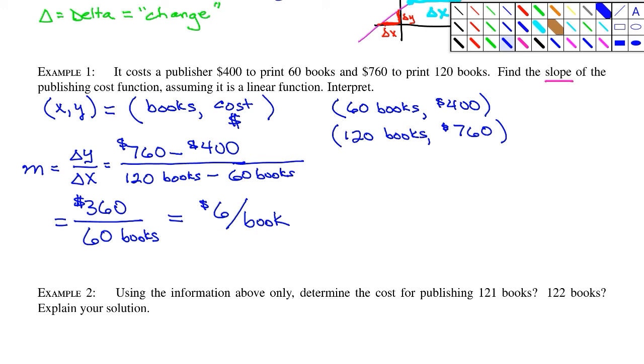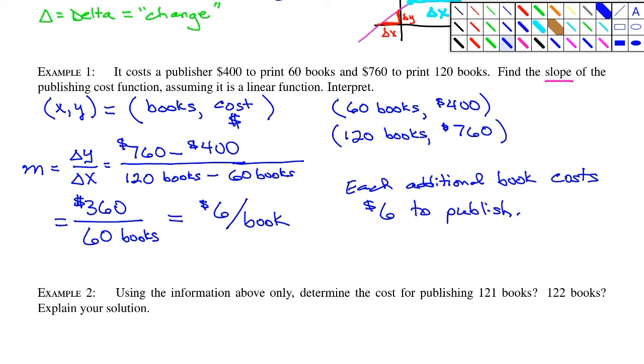And that tells me that this is a slope. So let's interpret what this means. Each additional book costs $6 to publish. And that's the interpretation.